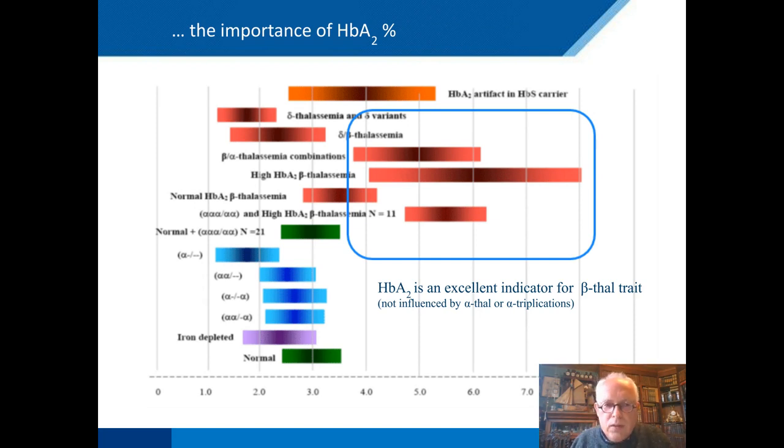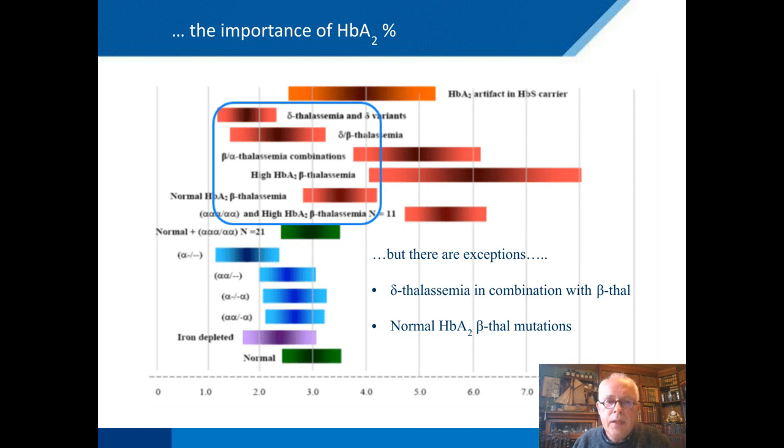Of course, without doubt, elevated A2 goes with the beta thalassemia trait, even in the presence of alpha thalassemia or in the presence of alpha triplication. That does not really influence the A2 very much.